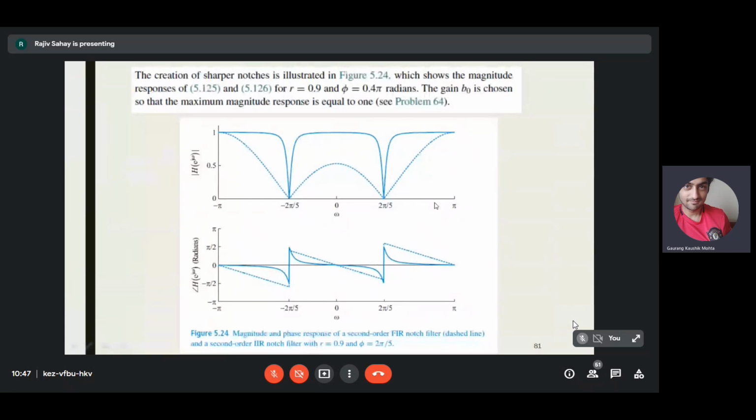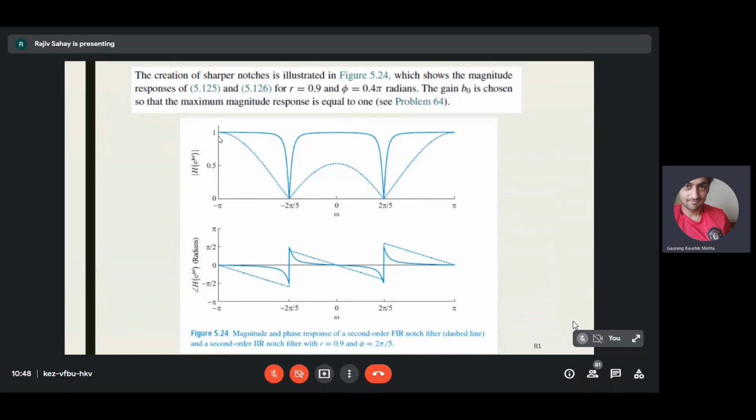Here we have R equal to 0.9 and phi as 0.4 pi radians, or 2 pi by 5 radians. The gain B naught is chosen such that the maximum magnitude response is equal to 1. You can see in the first plot, this is the magnitude response function of a notch filter. It has two nulls at minus 2 pi by 5 and 2 pi by 5 radians.